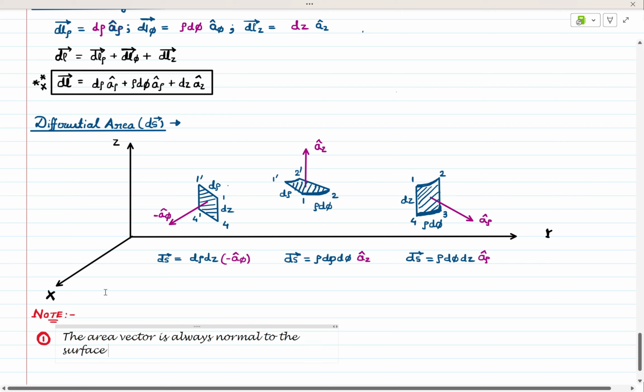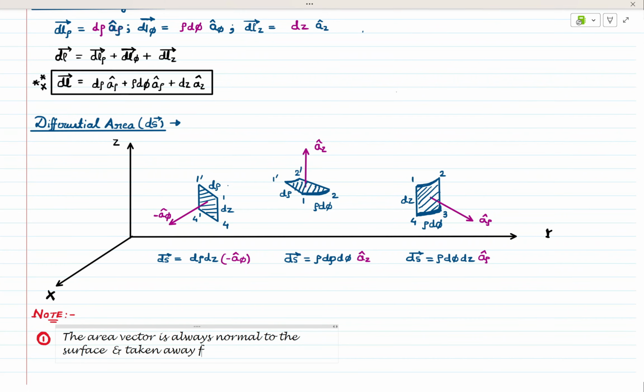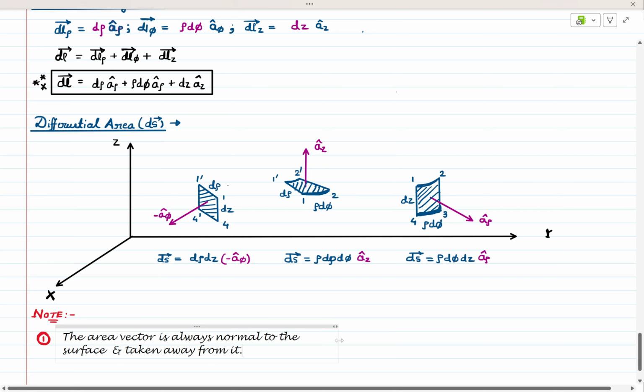This is constant for any kind of coordinate system. Normal to the surface and taken away from it. Okay, very important note.